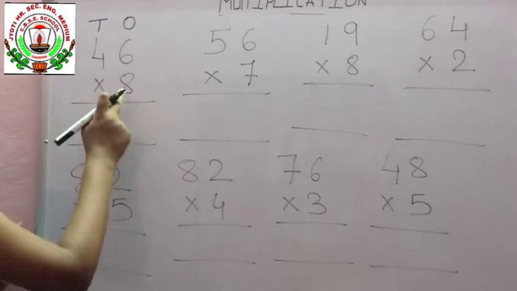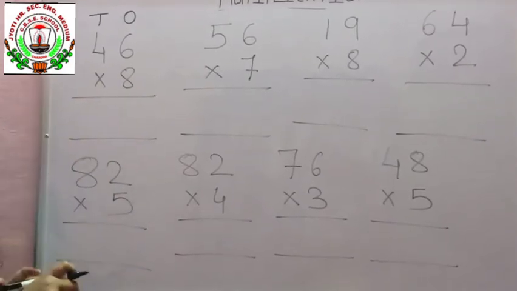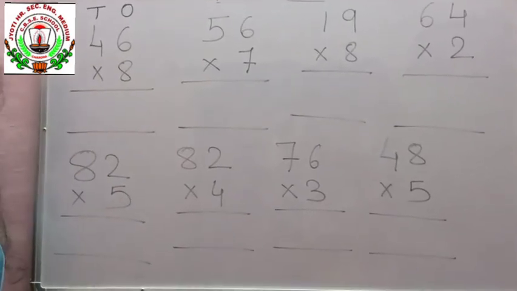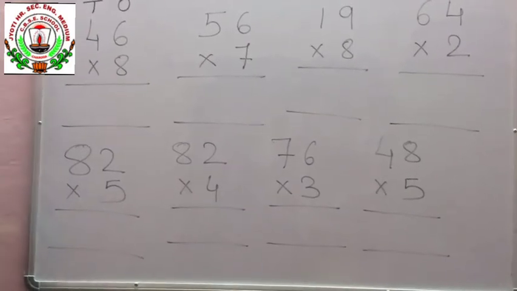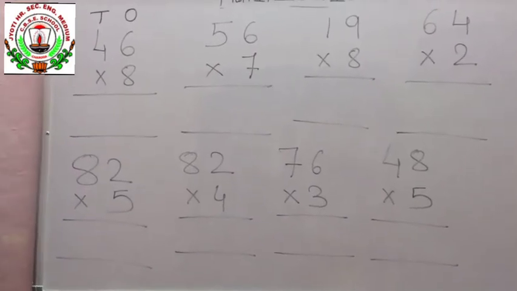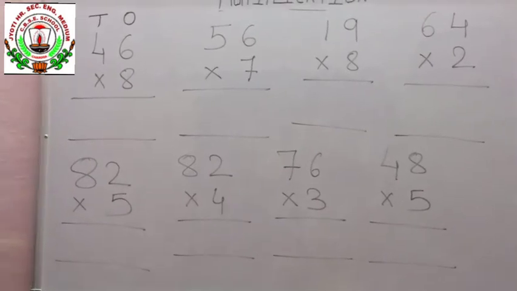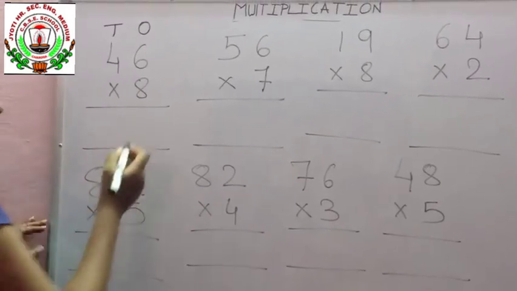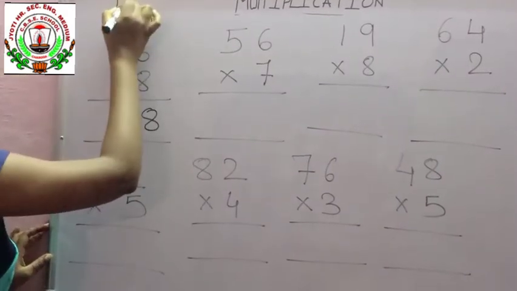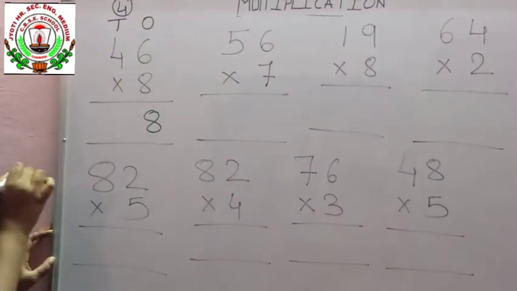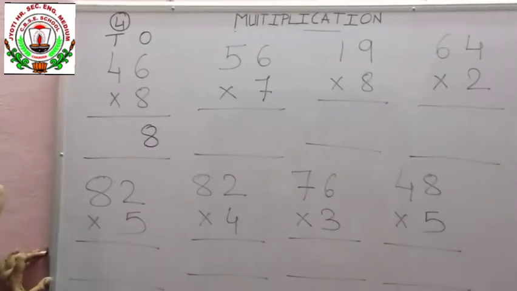So let's do it. Recall the 8 table. 8 ones are 8. 8 twos are 16. 8 threes are 24. 8 fours are 32. 8 fives are 40. 8 sixes are 48. So we write 8 here and 4 will go to the tens place as our carryover.